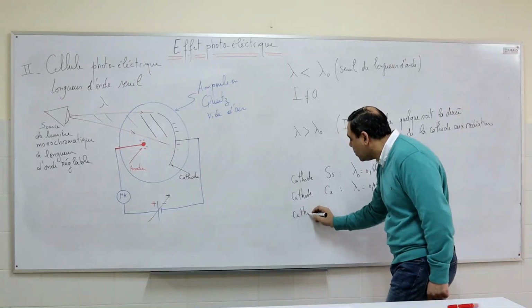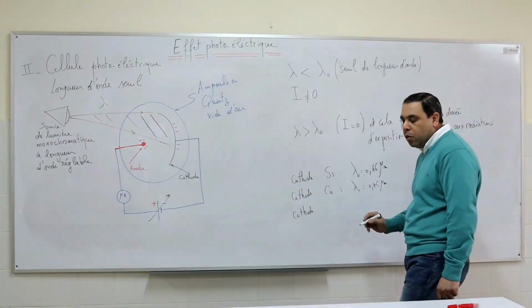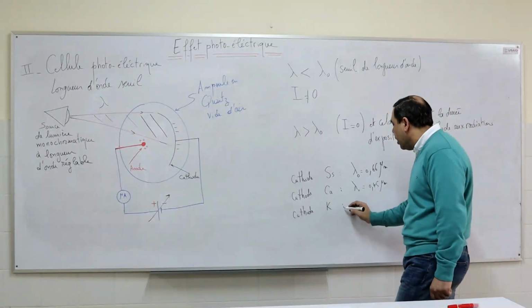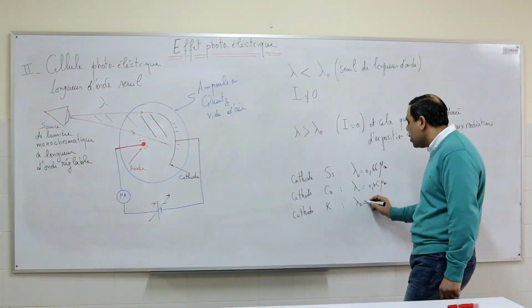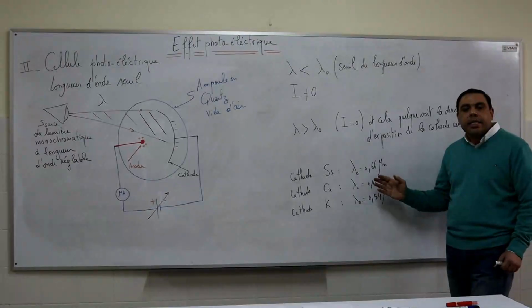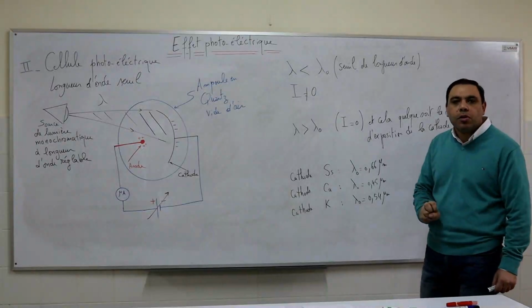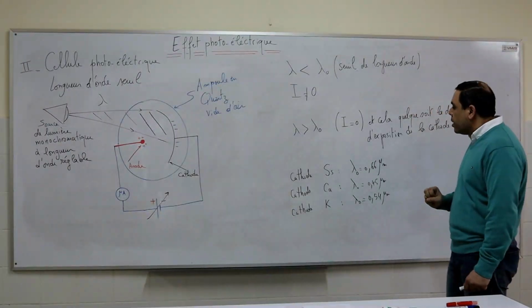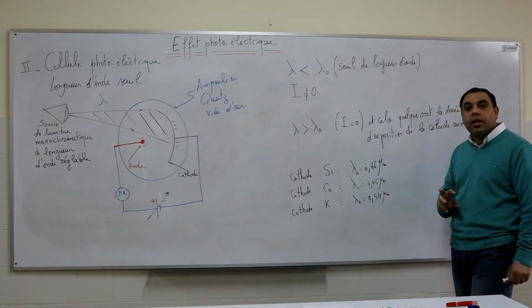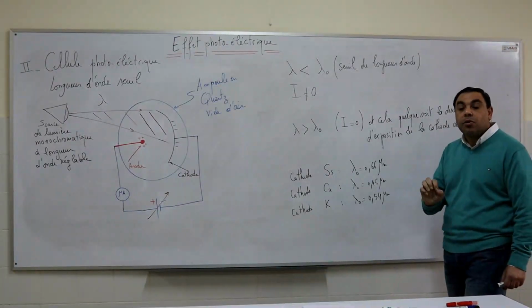If the cathode is made of potassium, the threshold wavelength is equal to 0.54 micrometers. This shows that to each metal there corresponds a specific threshold wavelength. The threshold wavelength is a characteristic of the metal only.